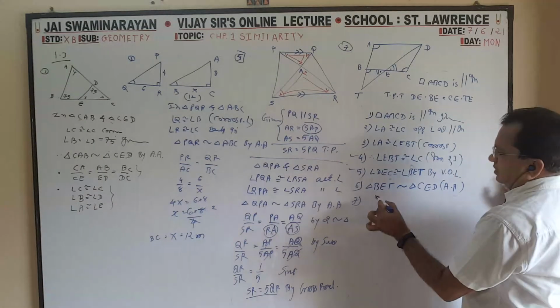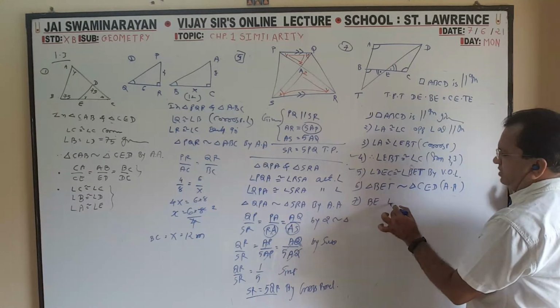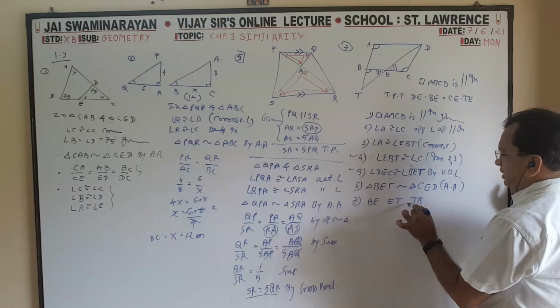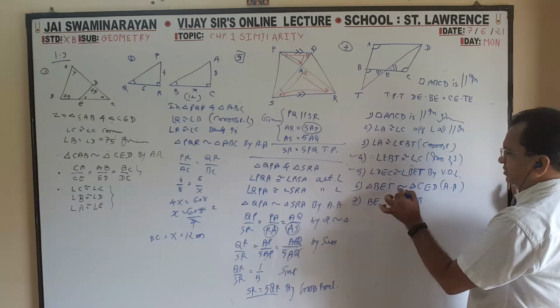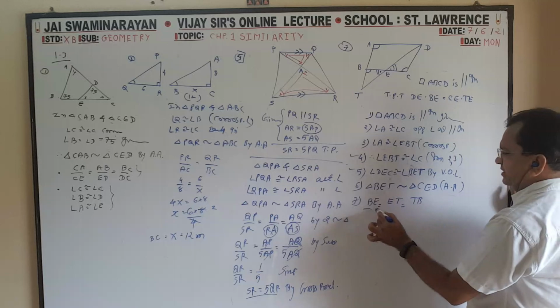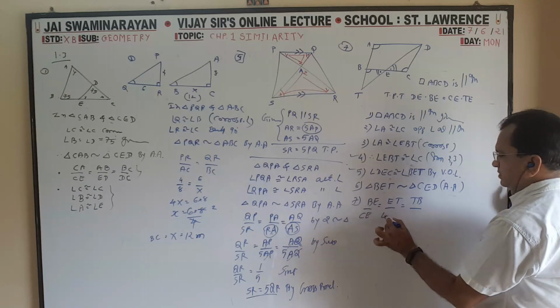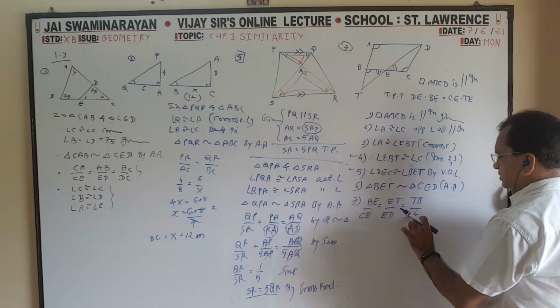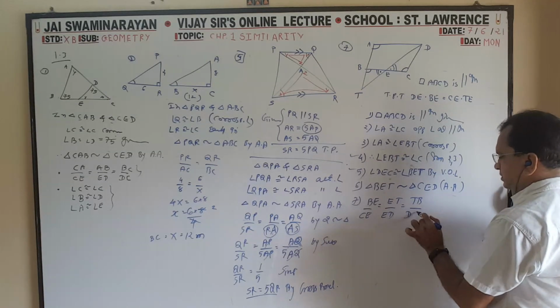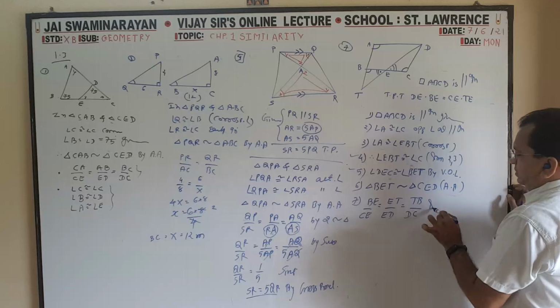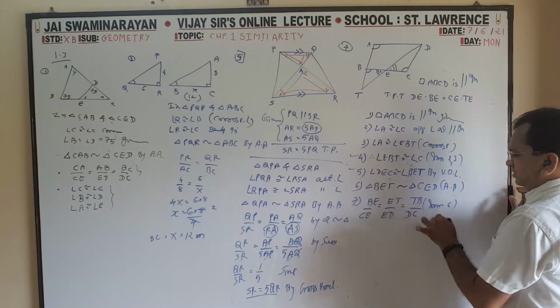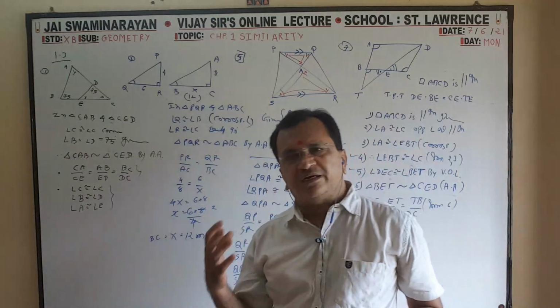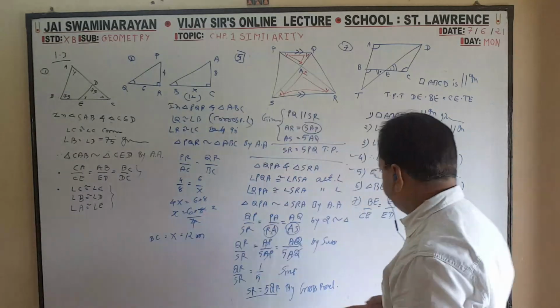Correct? Now BE, ET, TB first, second, the third first: CE, ED. From 6, if the triangles are similar, you can write the sides are in proportion.